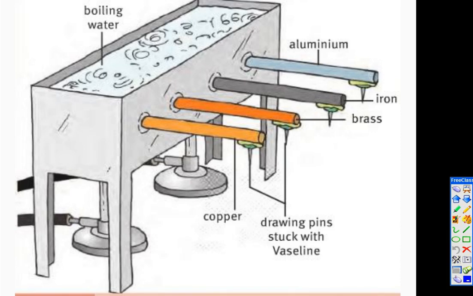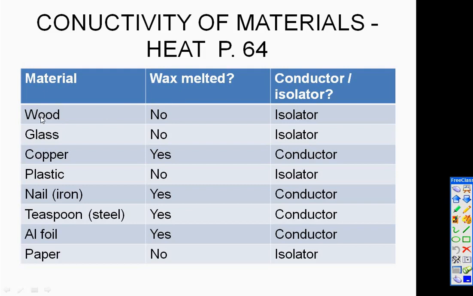So once again we took the wood and we applied some heat to the wood. The wax did not melt because the wood is an insulator of heat as well, just like it is with electricity. So the wax did not melt, and the thumbtack actually stayed on the wax. In the picture you will see what we are talking about.